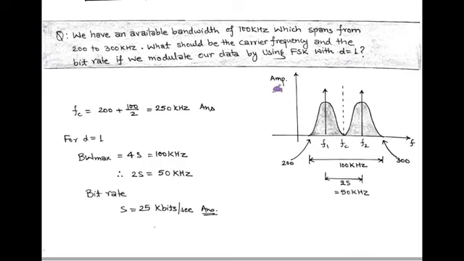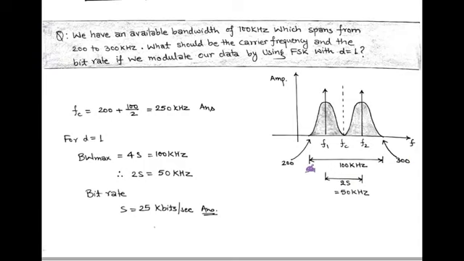To solve this example, we consider a band limited amplitude spectrum of FSK having two main lobes at F1 and F2 respectively, and having a center carrier frequency.